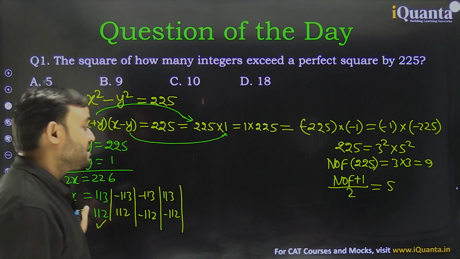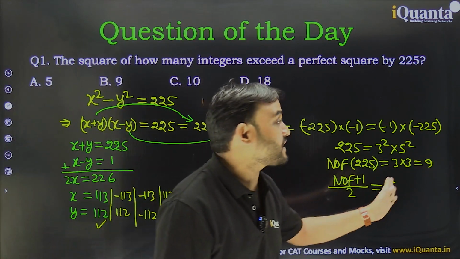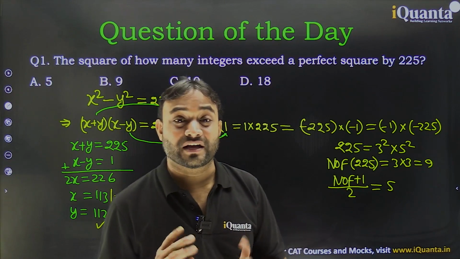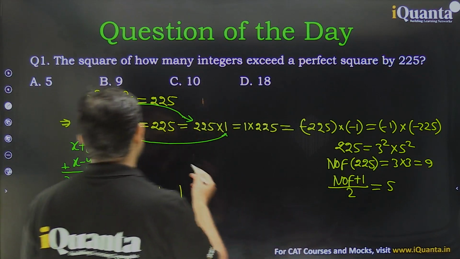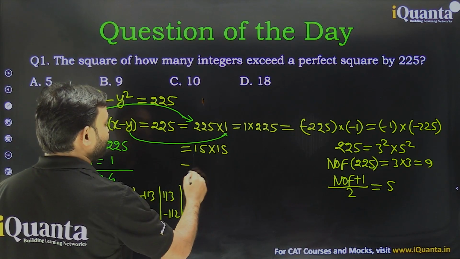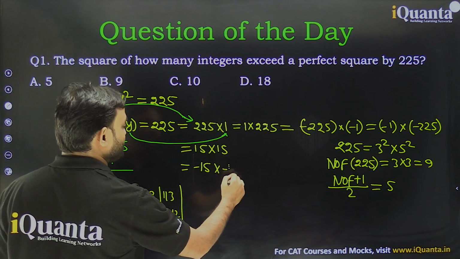But in case of a perfect square, you need to be a little extra careful. Why? Because there will be a scenario when this will be 15 into 15 or minus 15 into minus 15.